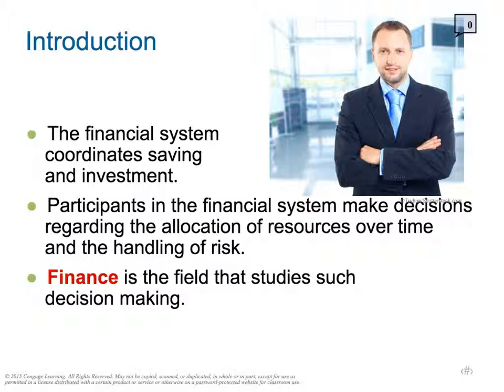We want to get the most out of those resources, and we want to talk about ways of handling risk, both in a business and in the larger context of our economy. People in the finance field make decisions about how to avoid risk and the best ways to make sure that our money is making money, keeping pace with inflation and some of the things that we've talked about already in our course.